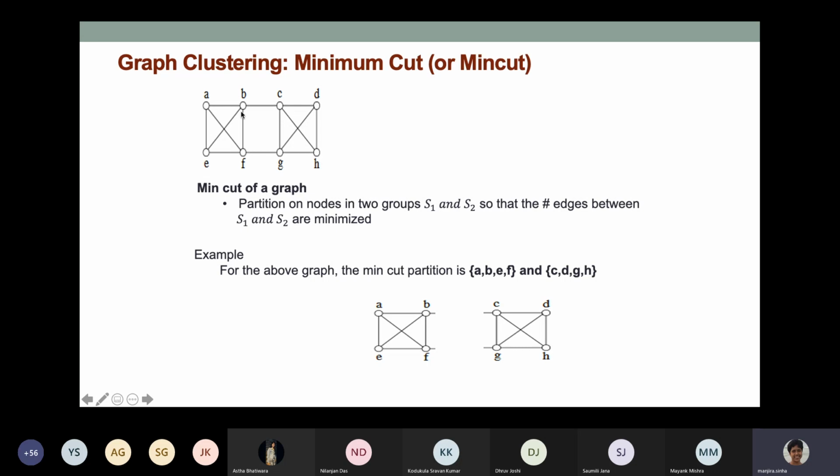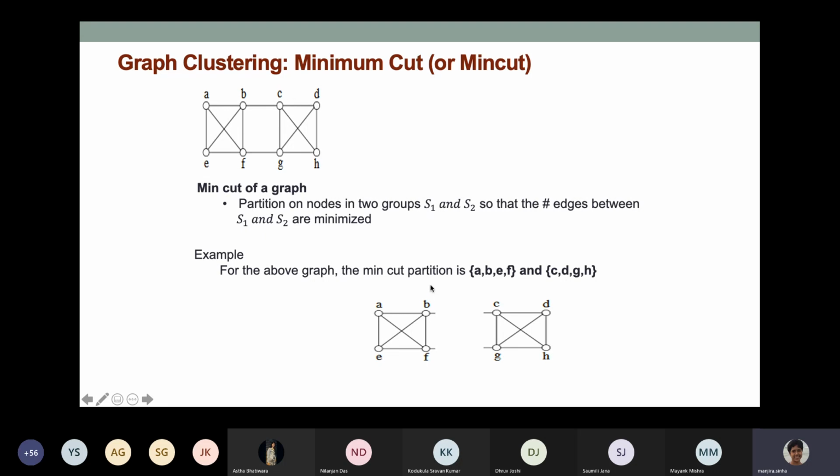But if you see this part, B, C, F, G, B is connected to C, C is connected to G, G is connected to F, and F is connected to B. So if we cut here, we will just lose two connections. But if we cut elsewhere, we will lose multiple connections.